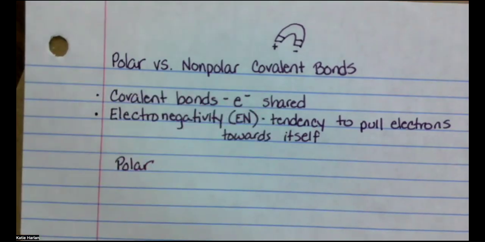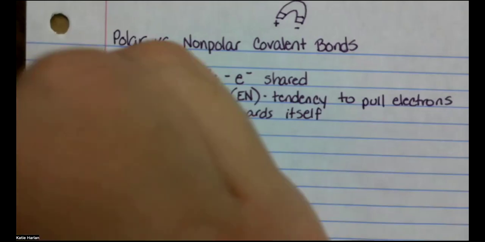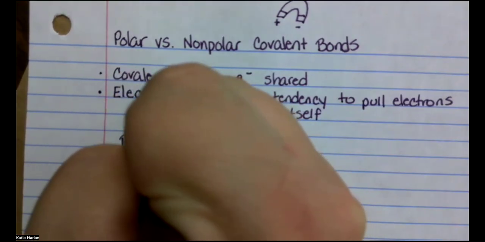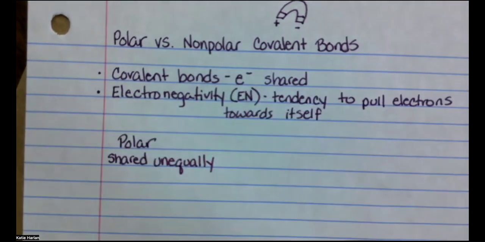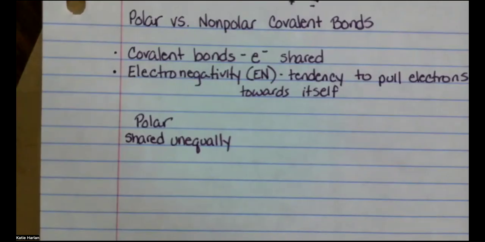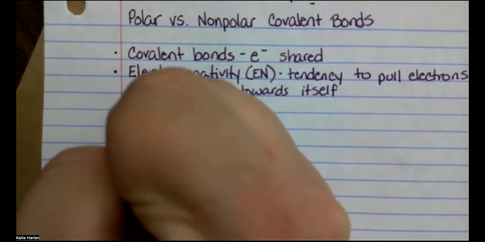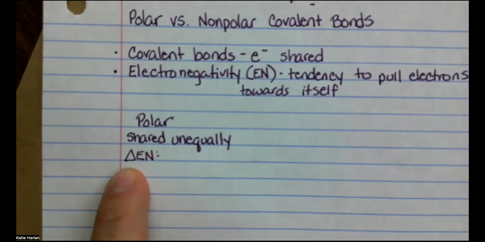So when we talk about polar covalent bonding, we are still sharing, but those electrons are going to be shared unequally. One atom is going to be pulling the electrons a little bit closer to itself versus the other atom. The way that we can determine if a bond is polar is by its difference in electronegativity. So you'll see here that I'm using some kind of shorthand. Delta in math, in science means difference.